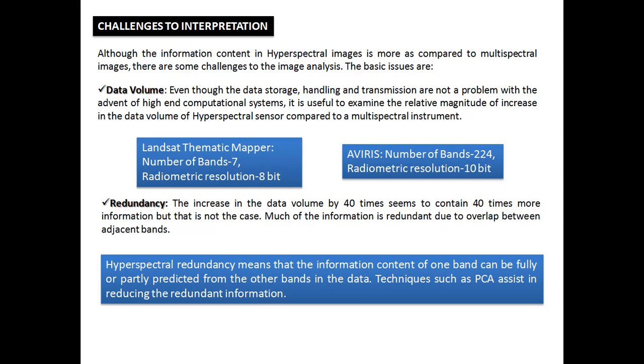This is the basic cause of redundancy: the repetitiveness of this information. In a hyperspectral image, the information of one band can be partly or fully predicted by the other bands. So statistical techniques like principal component analysis can be an effective process to reduce that redundancy.